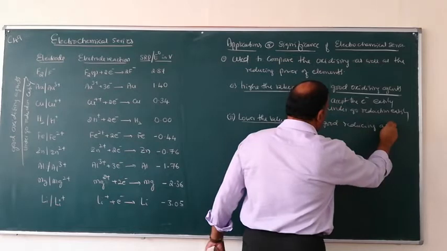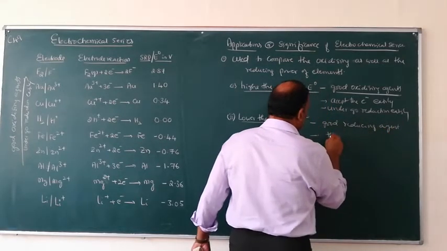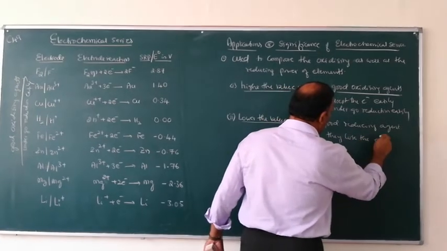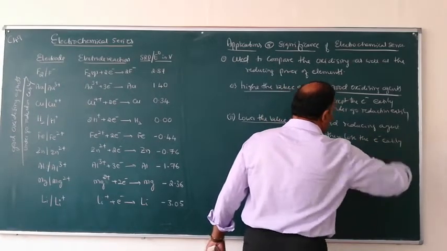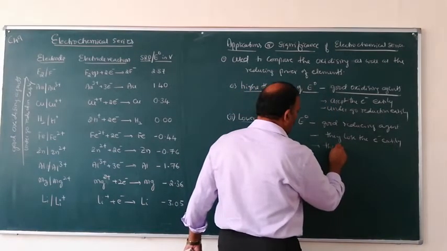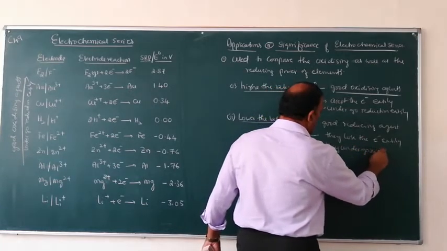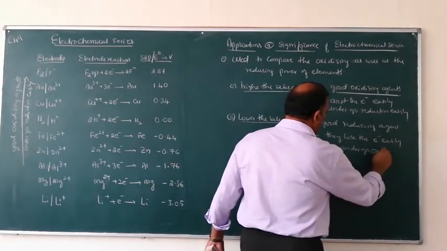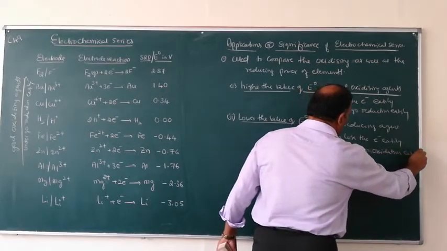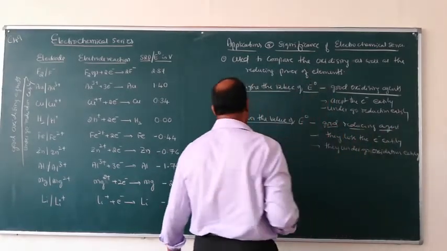Reducing agents means they lose the electrons easily. They undergo oxidation easily. So you have to bear this in your mind.